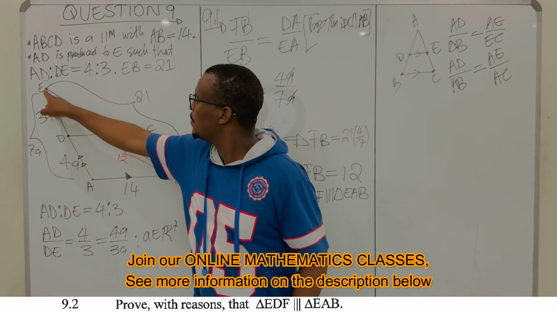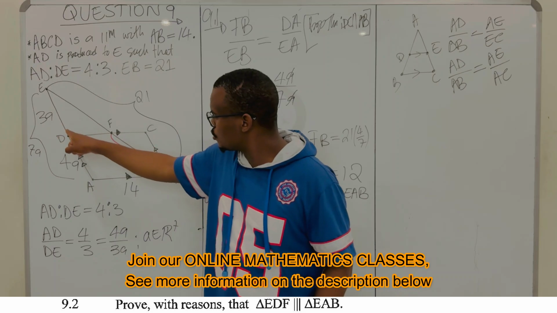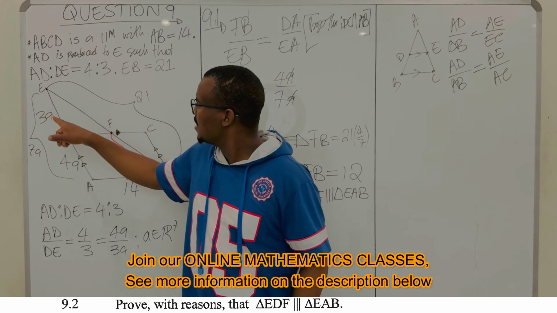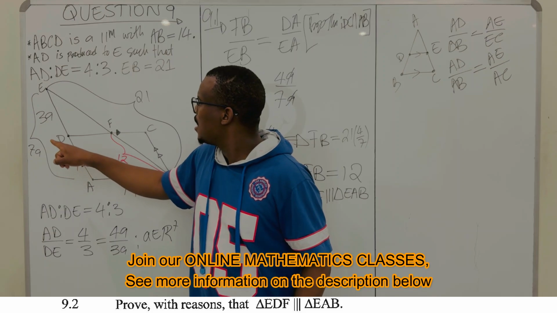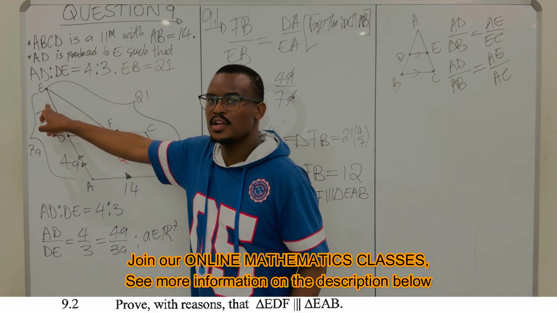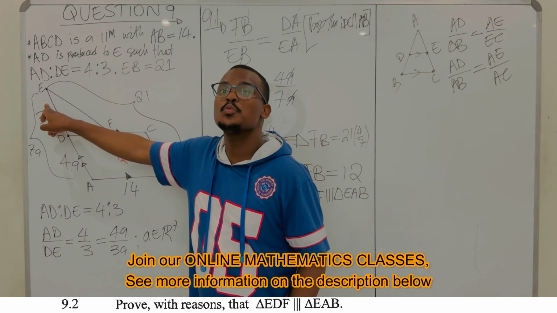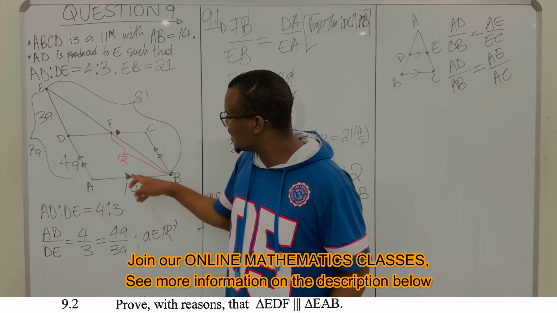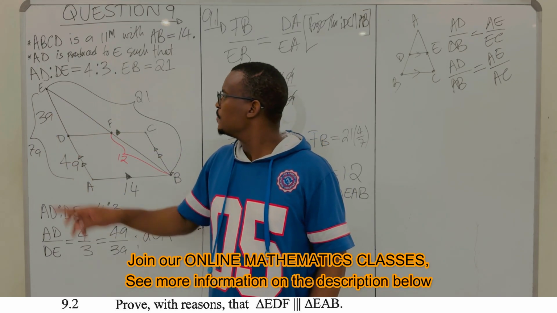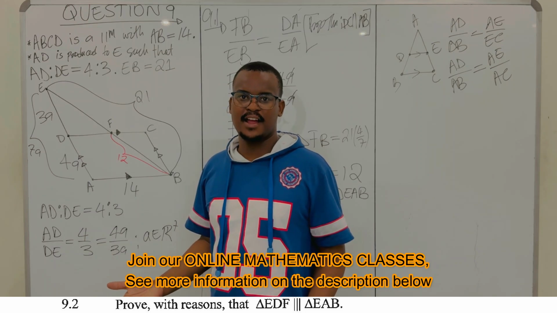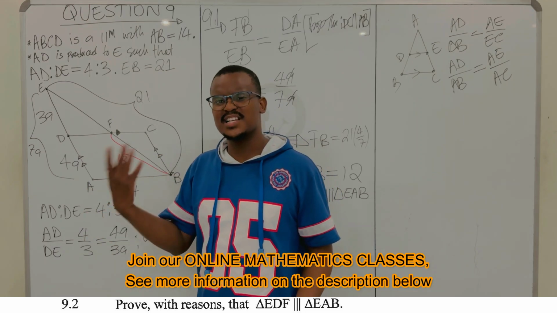Let's say this length here is 2. If you multiply this length by 2, it will become 4, which means this one will be a double of the other triangle. I'm not saying it is in this case, but I'm just making an example.